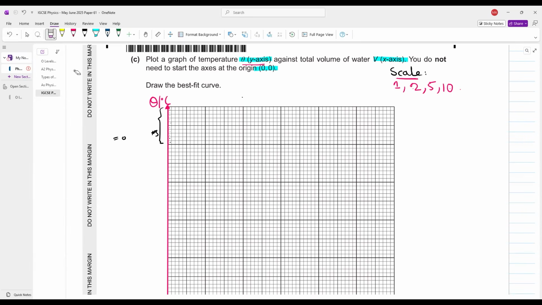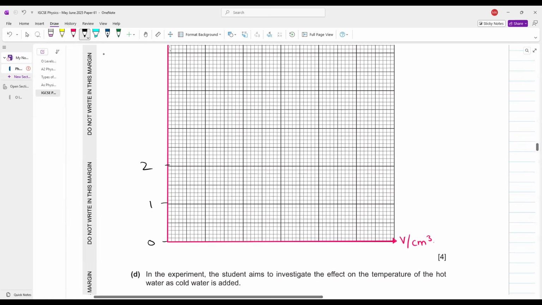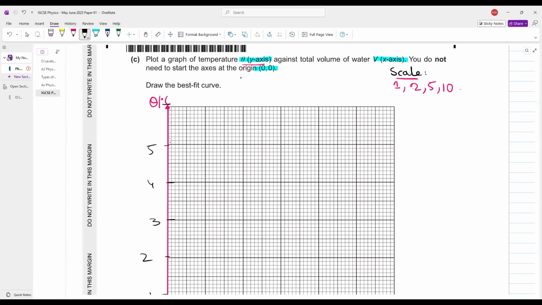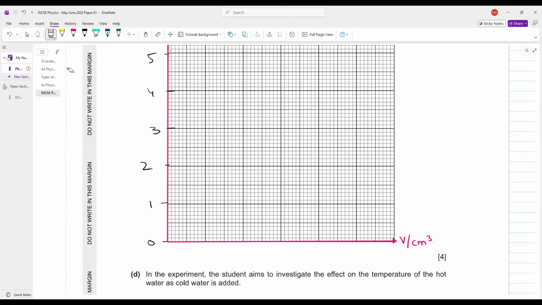By this I mean that your scale can either be 0, 1, 2, 3, 4, 5 and 6. These are multiples of 1. Or you can take multiples of 2, increments of 2: 2, 4, 6, 8, 10.